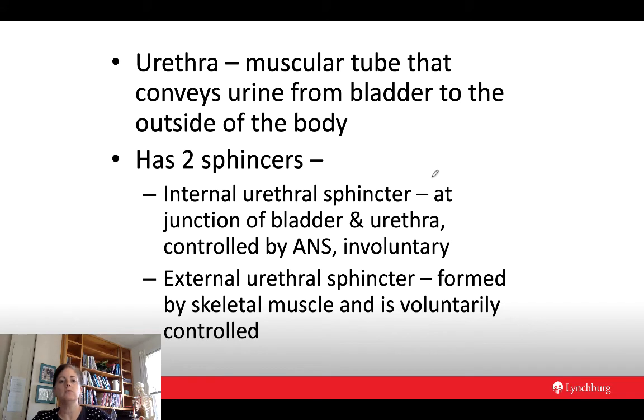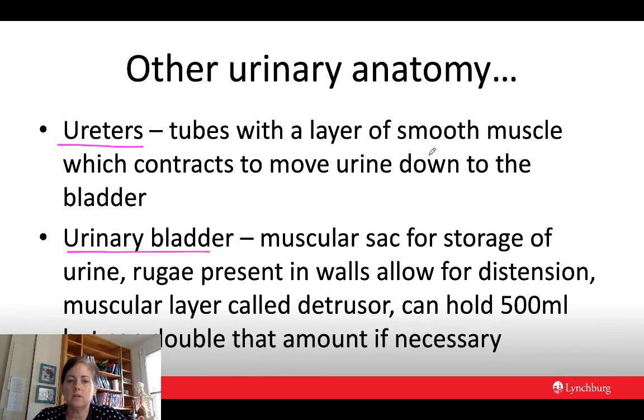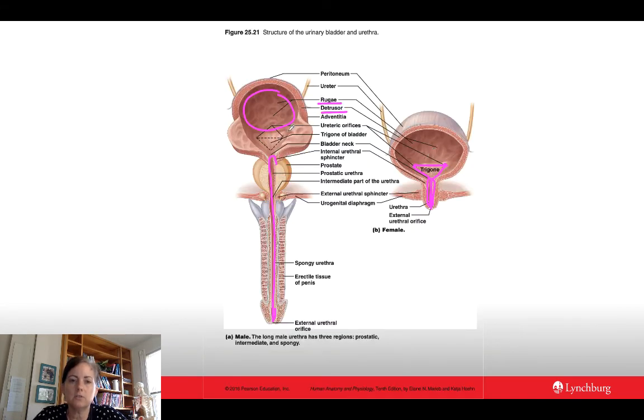Urinary system has two sphincters, so we see two sphincters associated with the bladder. First is the internal urethral sphincter, which is right where the urethra empties from the bladder, and that's smooth muscle. It's under control of the autonomic nervous system, and it's involuntary.